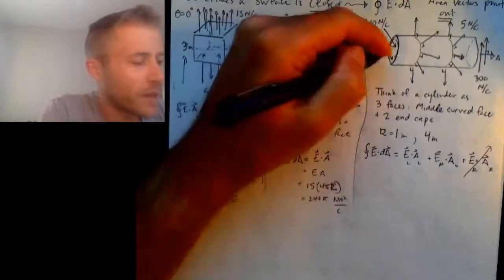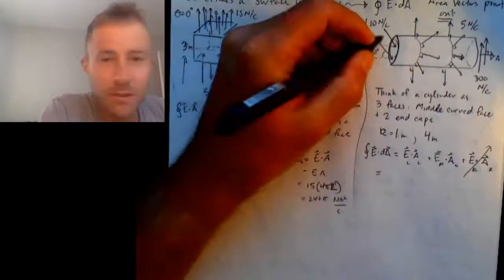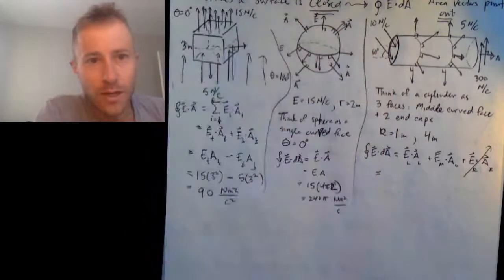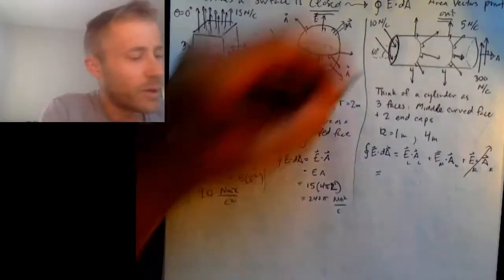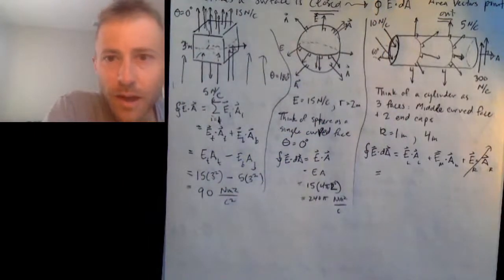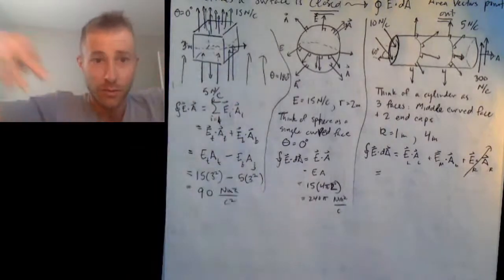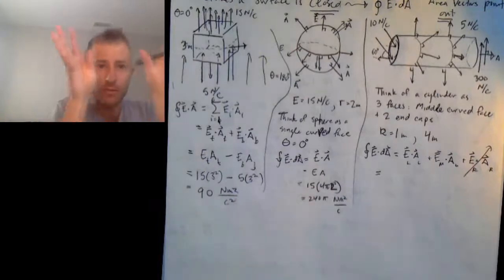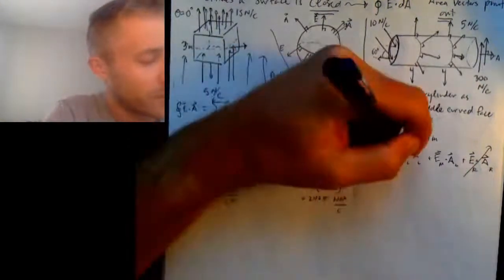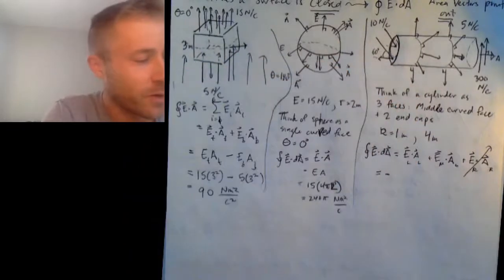For the left side, the electric field points inward. So whenever you have an inward pointing field, whereas the area vector points outward, you are going to have negative flux. So negative flux is when the electric field points into the surface. Positive flux is when it points out of the surface. So the left face is going to have a negative flux.